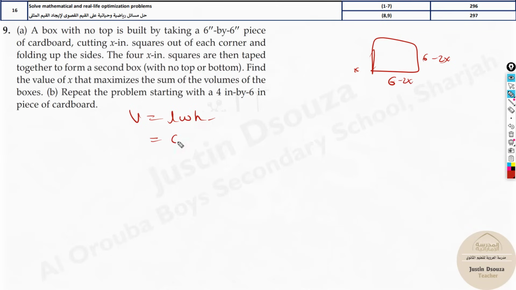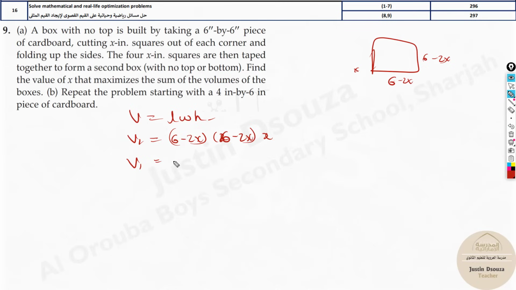Length is 6 minus 2x, and the width is also 6 minus 2x, and multiply by the height x. Now first thing, this is the first box. Now I'll consider this as V1. What I'm writing over here is basically V1, for this box.